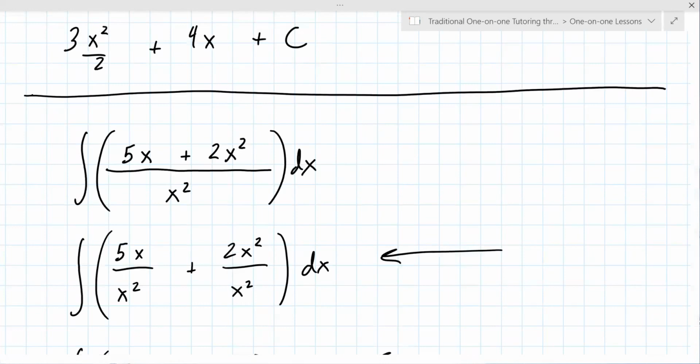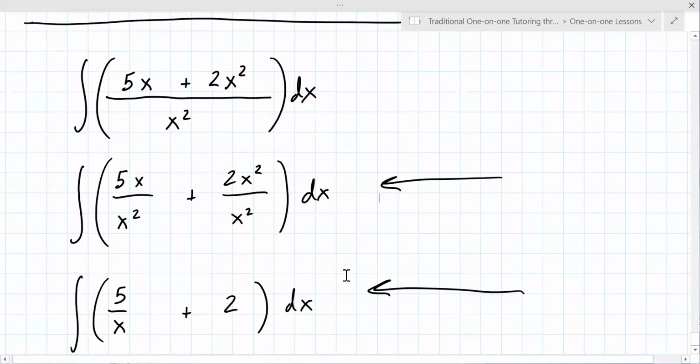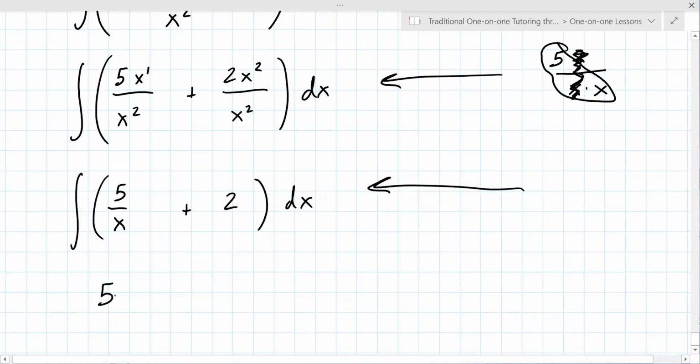I got to the line after it, but the first 5 over x, I didn't get to this. Well, there's 1 here and there's 2 down there. So it's like saying 5x over x times x. So if these cancel, you're left with 5 over x. Did you write 5x to the minus 1? I got 5x to the power of 2 over 2.